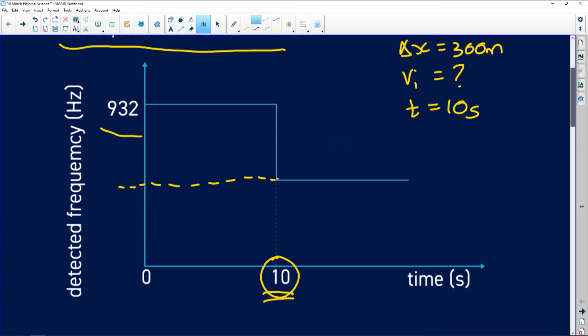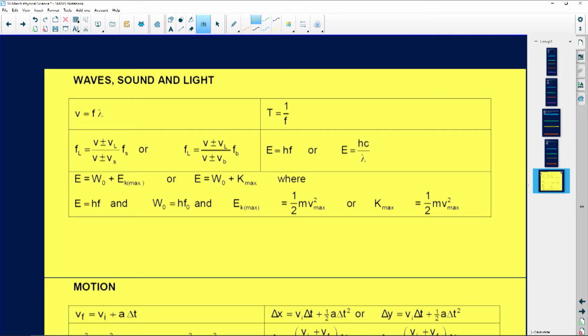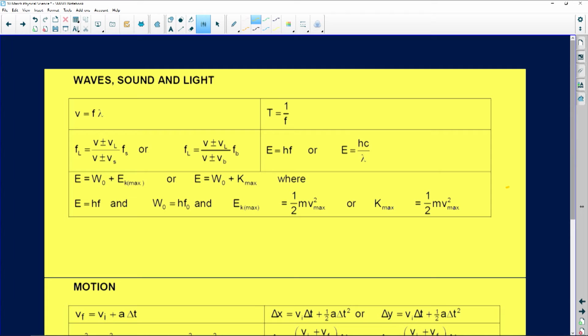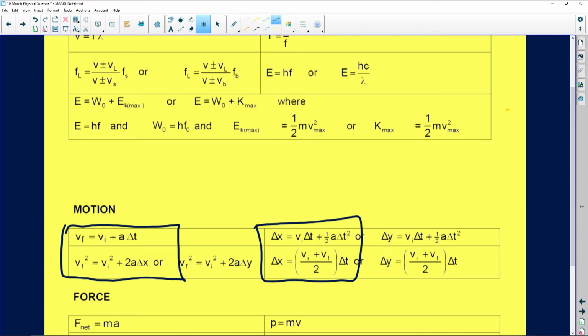Now you're going to go to your information sheet, and we're going to use an equation of motion. Here are the equations of motion. I could use one of those, or one of these equations. The question is asking for the initial velocity, so each of these contains initial velocity.